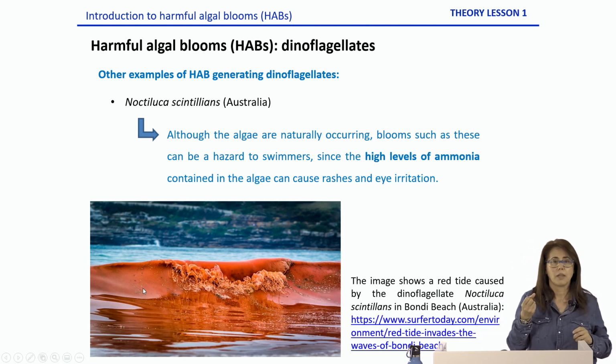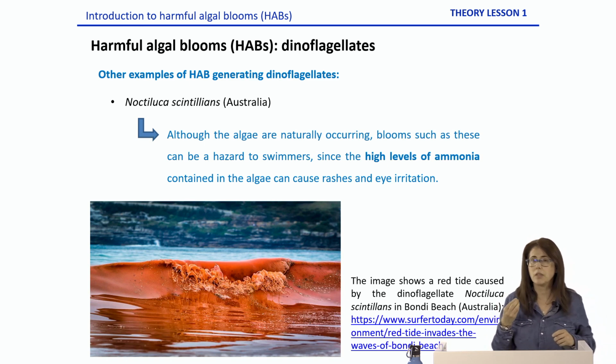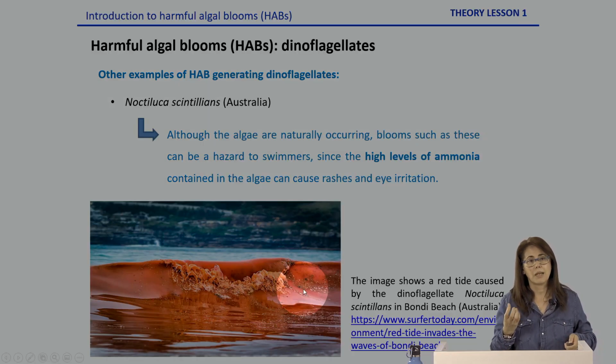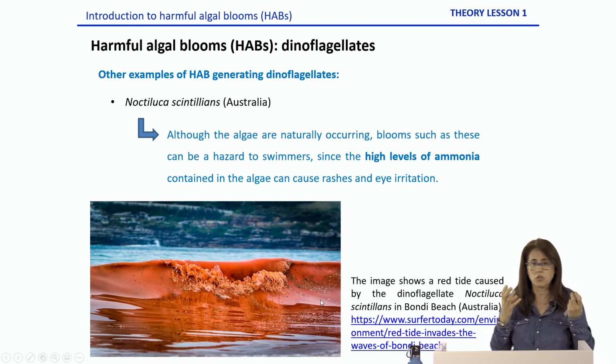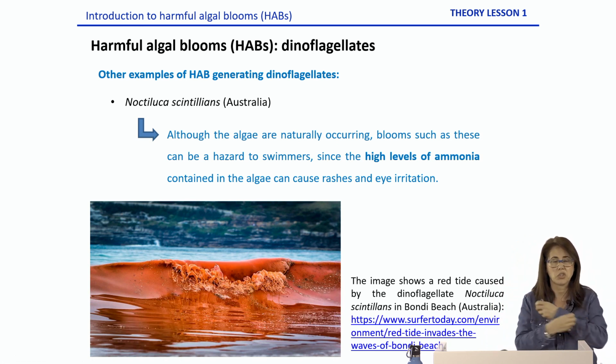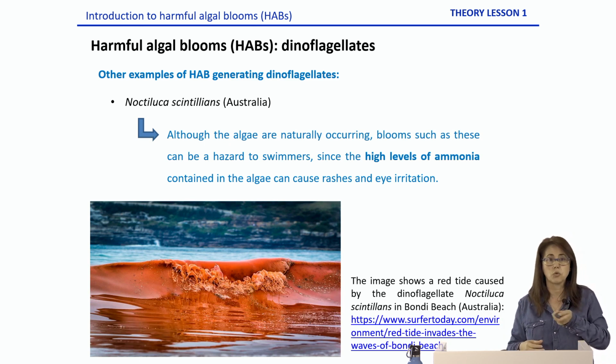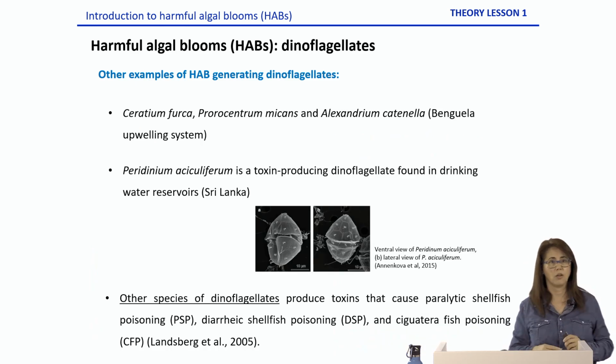And it's a naturally occurring bloom, but it can be a hazard to swimmers because even though they are not very toxic, they contain high levels of ammonia, and simply because they are in very high concentrations, this ammonia can cause skin irritations and rashes and irritations in our eyes and our nose. So it's not nice to swim if we have this kind of bloom.